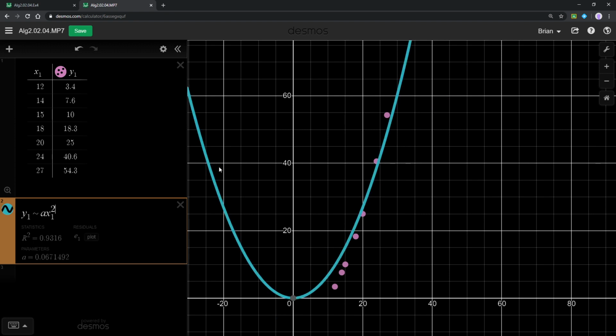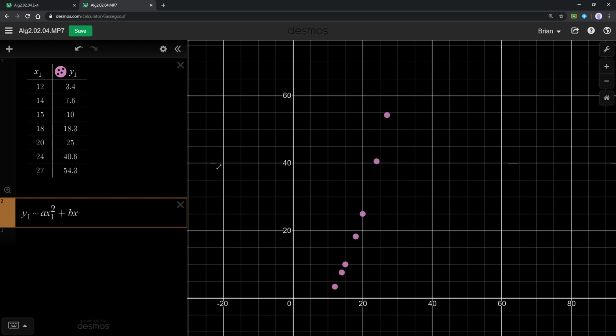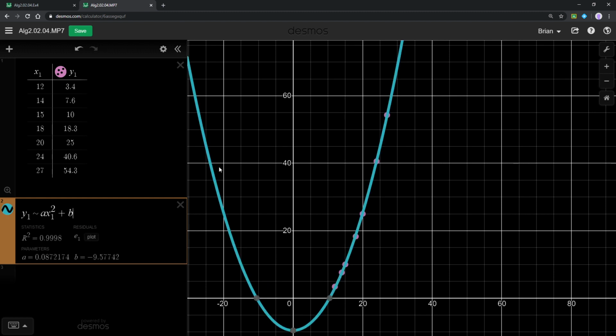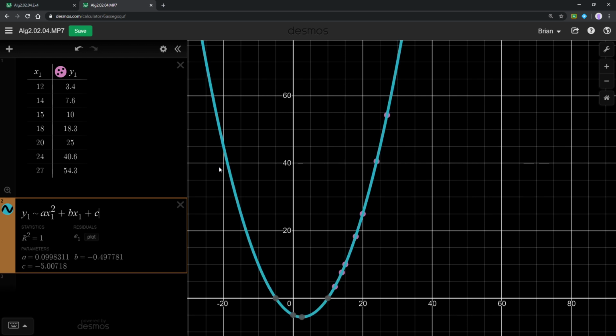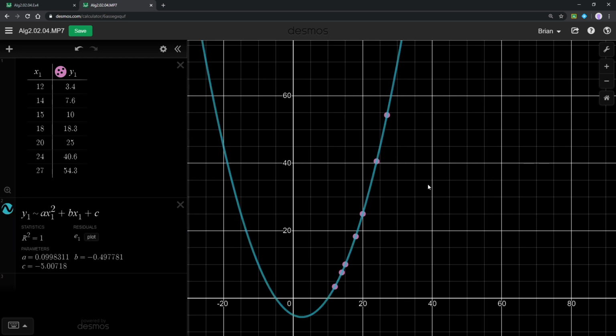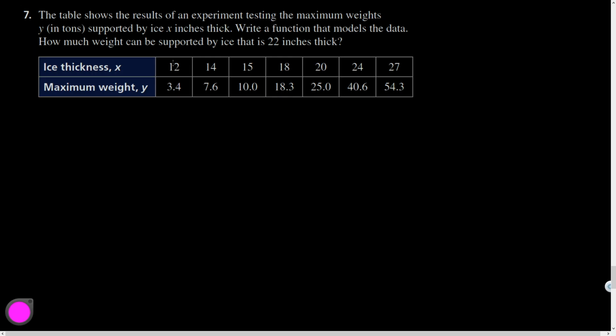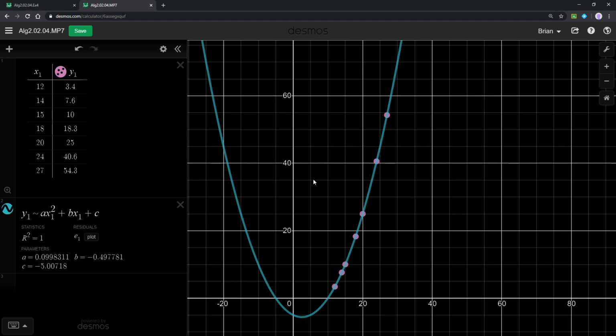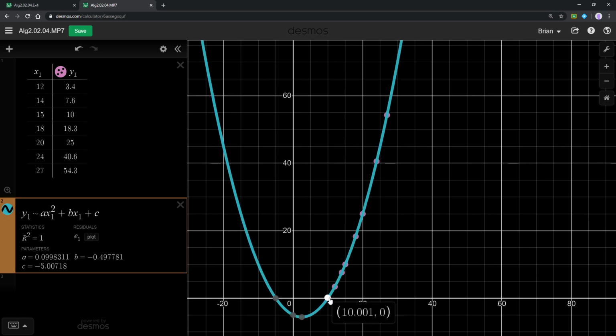I forgot to do that earlier. Plus bx1 plus c. So I've got to make sure I actually have it represent the data sets. And so let's see, which represented what here? So X was the thickness, Y was the weight. And so apparently 10 inches thick can't support 0 tons.